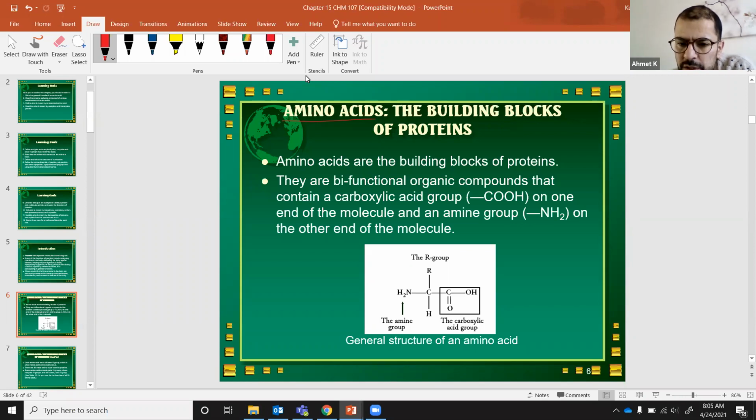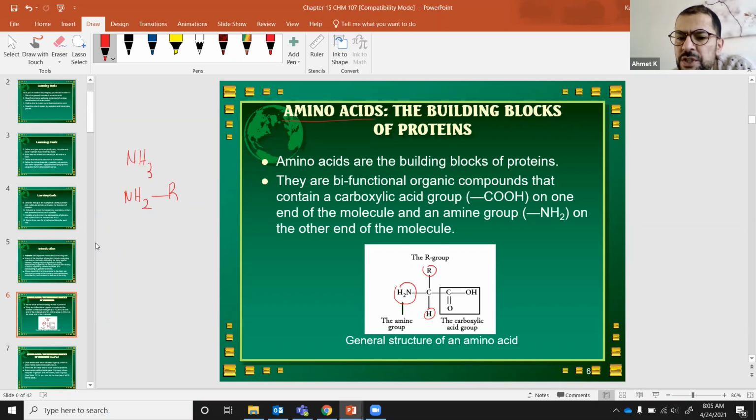First, we have an amine group, and what were the amines? Whenever you have NH2, NH3 ammonia is the simplest amine, and if you replace any hydrogen with an R group, then you get your amines. This is your amine right here, and it is attached to a carbon. This carbon has one hydrogen, and then you have an R group, okay?